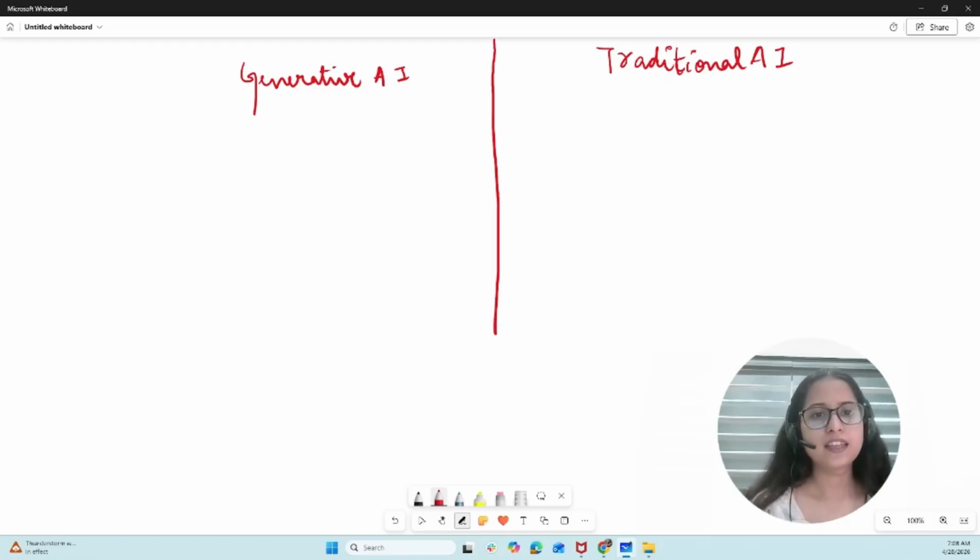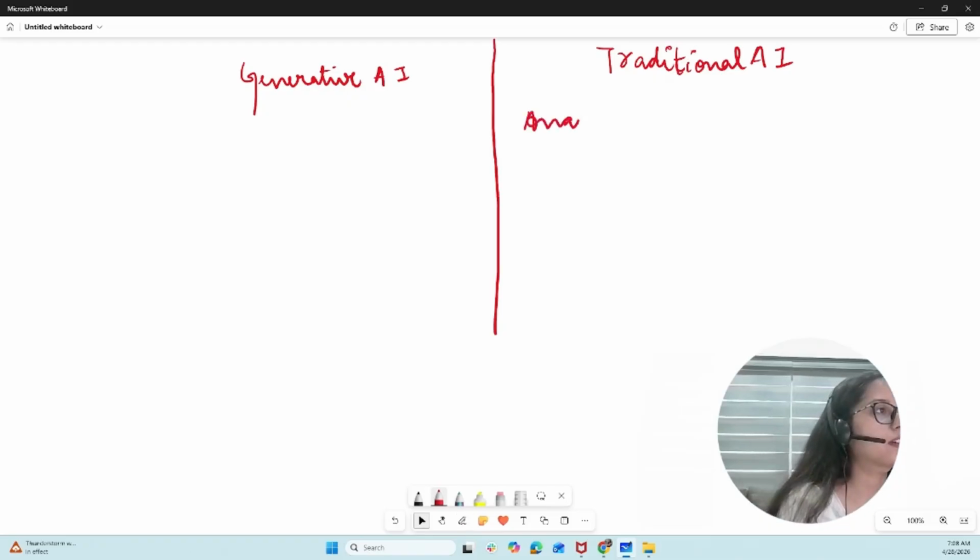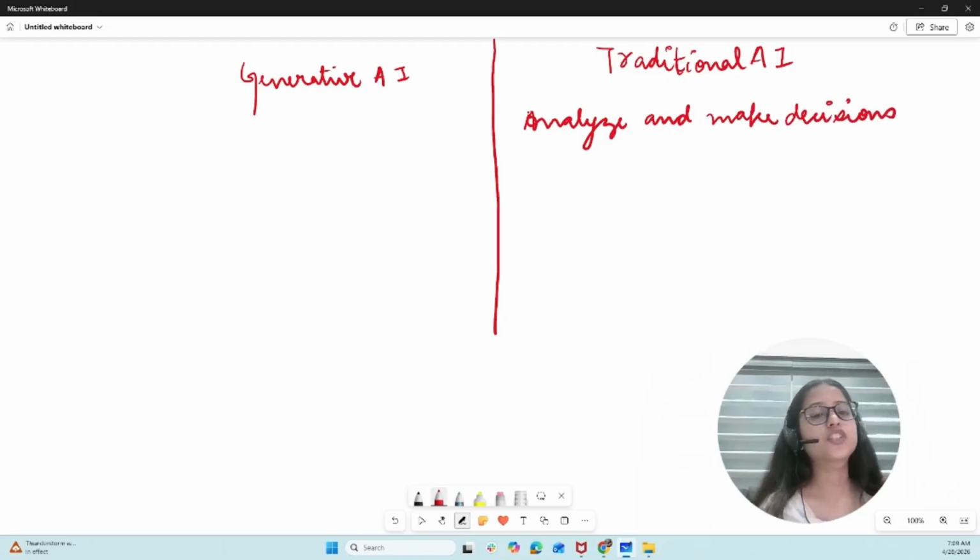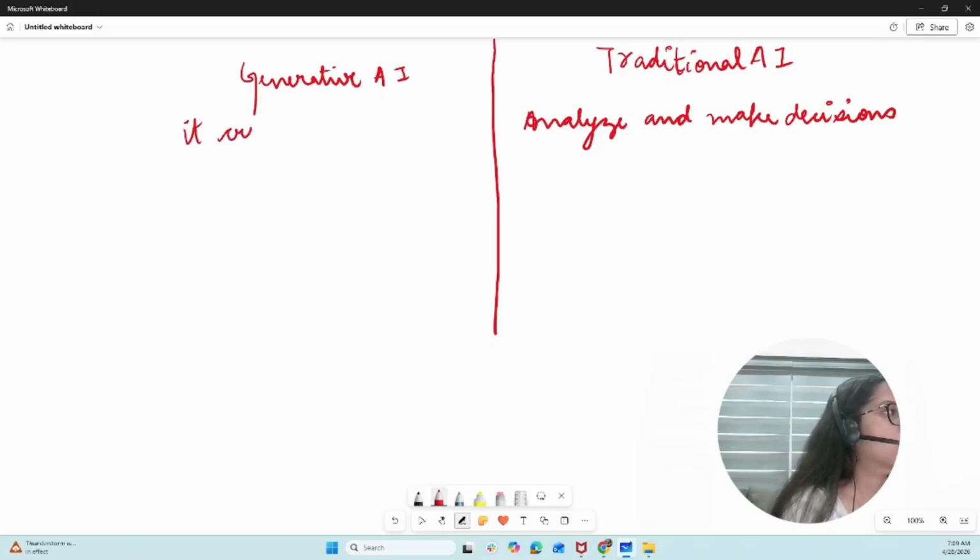Traditional AI is used to analyze and make decisions. And what does Gen AI do? It does not just analyze, it creates something new.